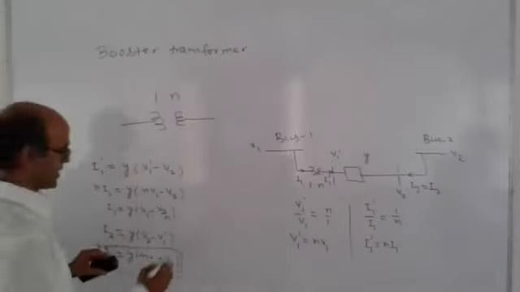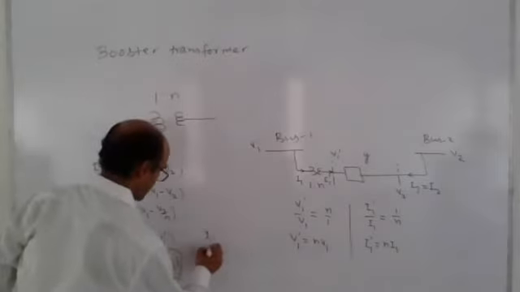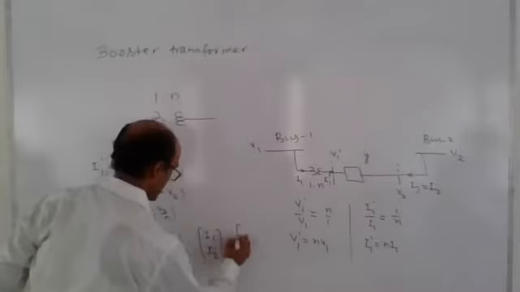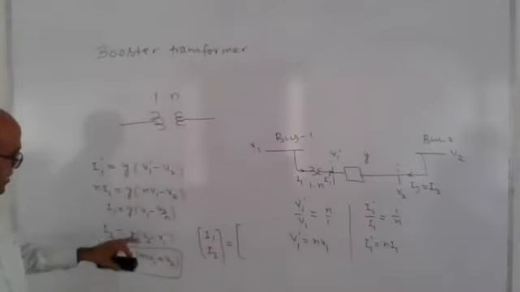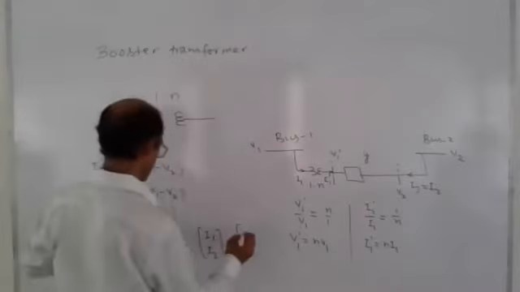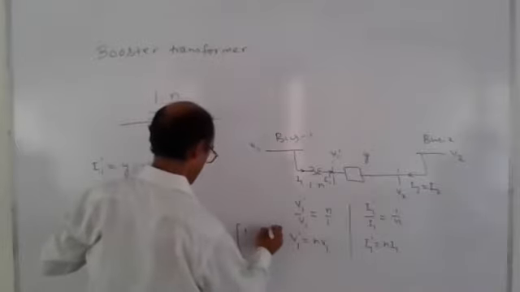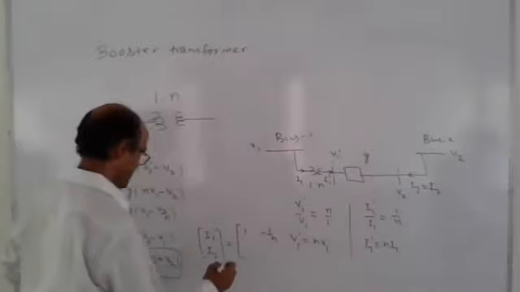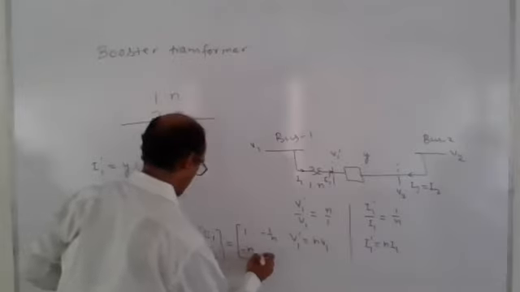So if I write in matrix form, then I1, I2. What is the first equation? This first term is 1, minus 1 by n. This is minus n and 1.